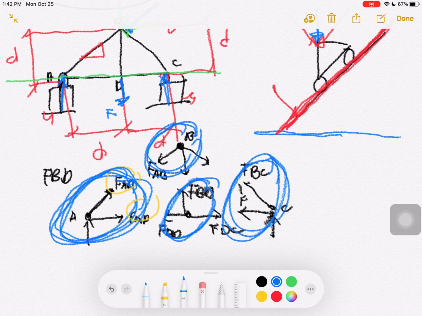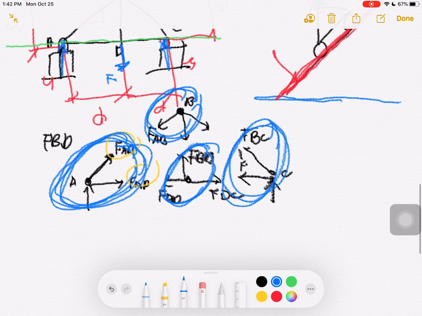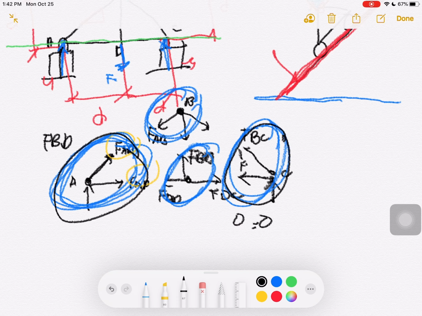How will you know if you got it correctly? If you close this, for example, you start on this portion and you ended here, you should equate to 0. Later on, you'll see. Because if it didn't equate to 0, it means it's not in equilibrium.